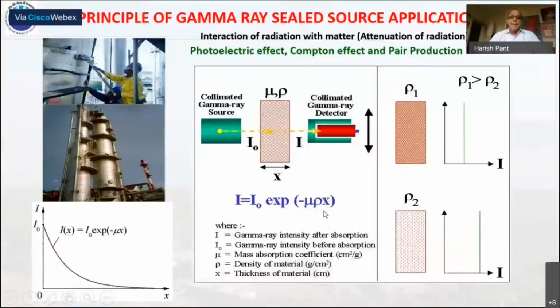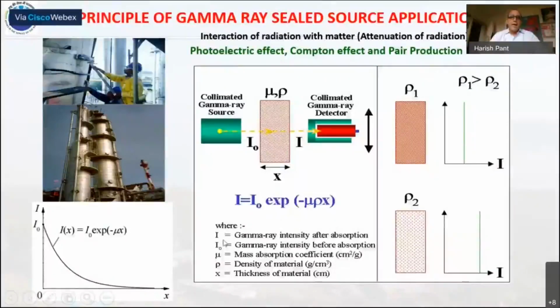Rho is the density and x is the thickness. So if you increase the thickness of the material, this follows an exponentially decaying law. This law is also sometimes called the Beer-Lambert law.